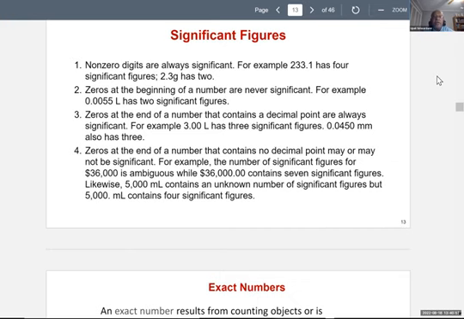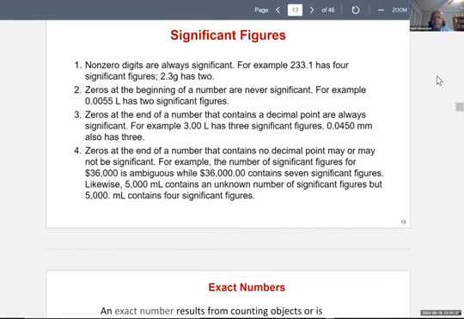Zeros at the end of a number are called trailing zeros. In a whole number, trailing zeros are not significant. But in a decimal number with a decimal point, trailing zeros are significant. For example, 3.00, the 2 zeros at the end are significant.